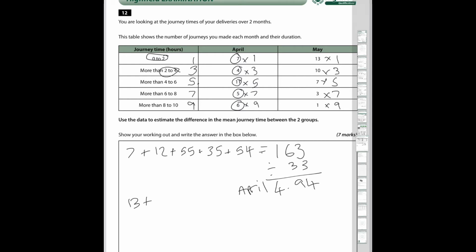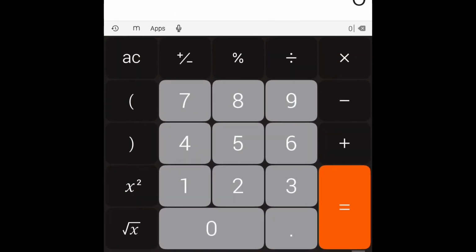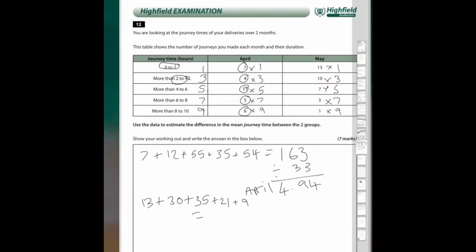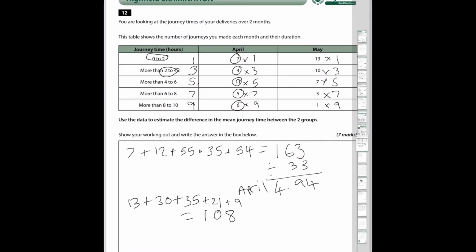So 13 times 1 is 13, 10 times 3 is 30, 7 5s are 35, 3 7s are 21, and 1 9 is 9. Adding all that up, 13 plus 30 plus 35, 21 and 9 is 108.